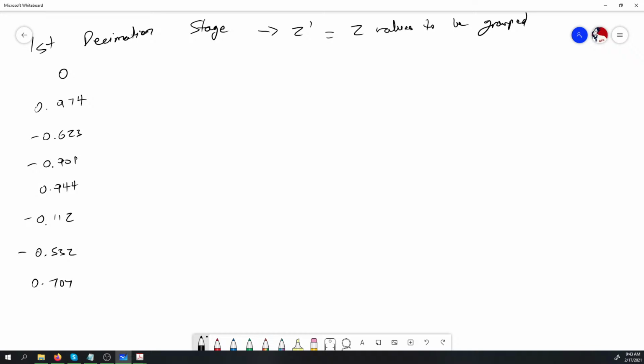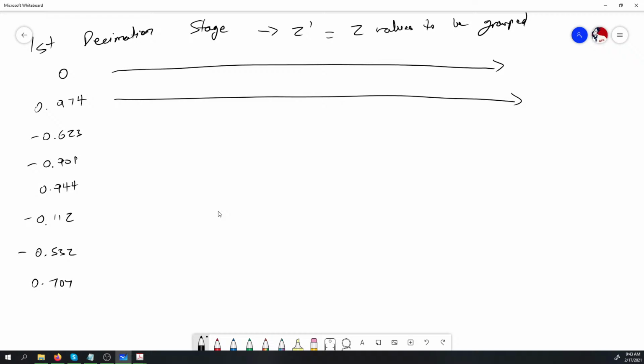So let's consider the first 2 values, 0 and 0.974. And draw a line here for the first part of the butterfly. Next line here accordingly. And in the middle here, we're going to have a -1 block. Then we put our points here for the butterfly calculations. Draw the crosses here accordingly.